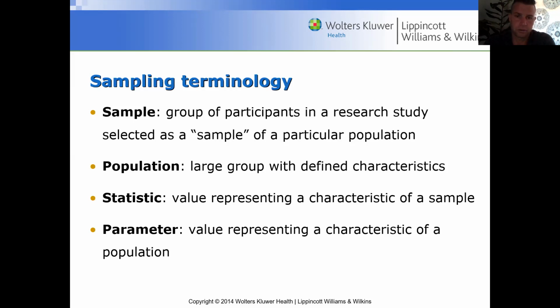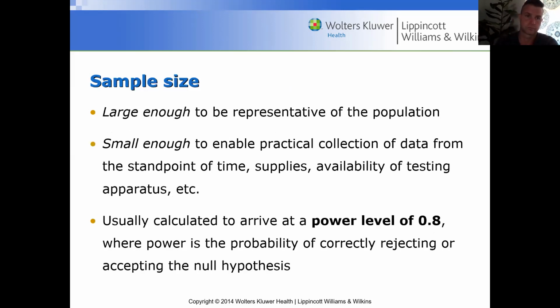Statistic is a value representing a characteristic of a sample, and parameter is the value representing a characteristic of the population. Sample size needs to be large enough to be representative of the population. It needs to be small enough to enable practical collection of the data from the standpoint of time, supplies, availability, testing apparatus, et cetera.